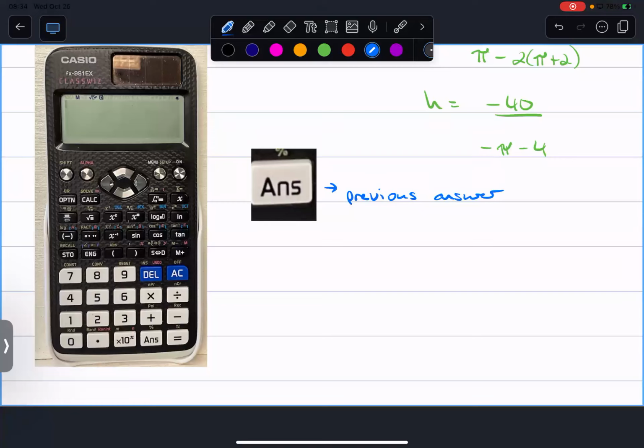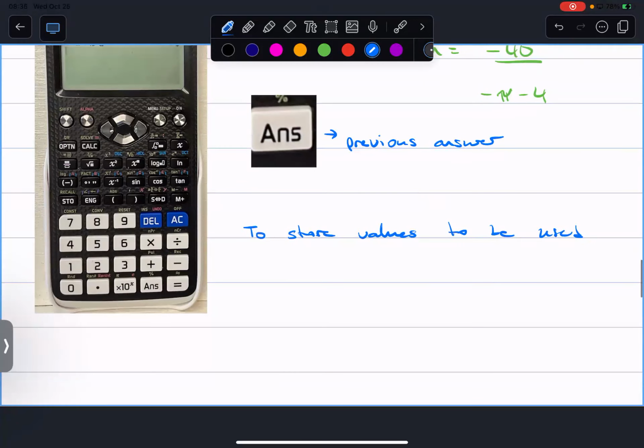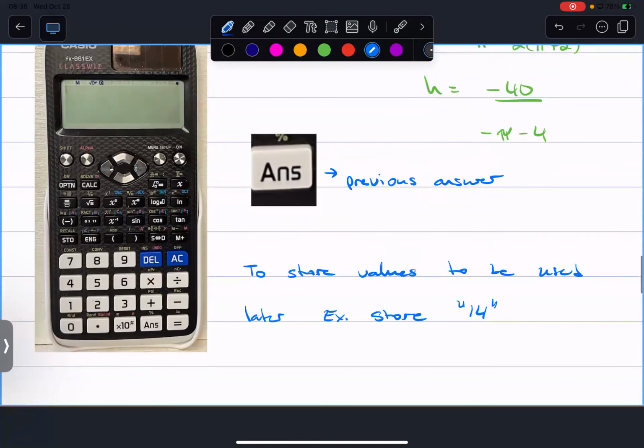Okay. So to store values to be used later, let's say, for example, store 14, then what you're going to do is put 14 on your screen.